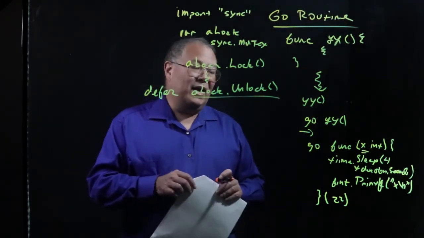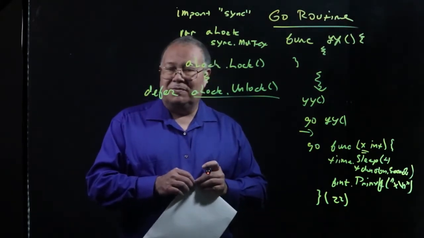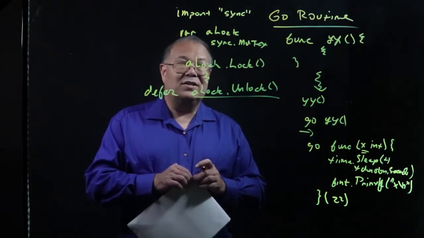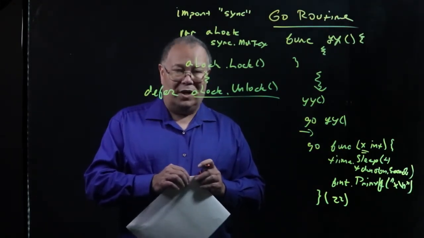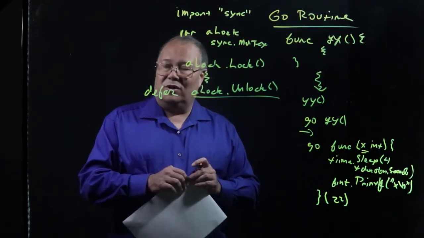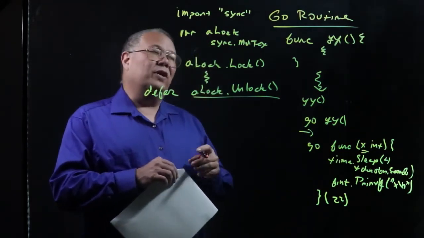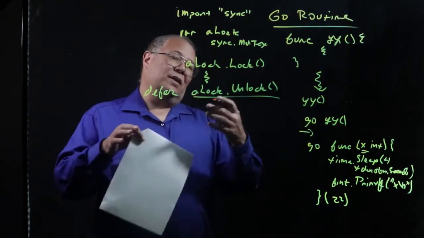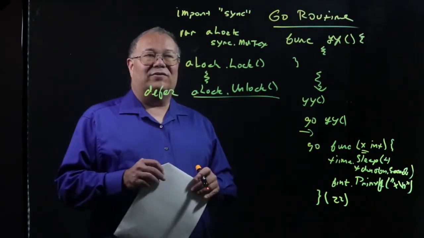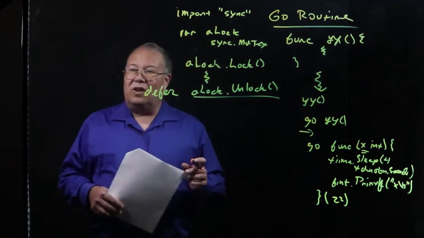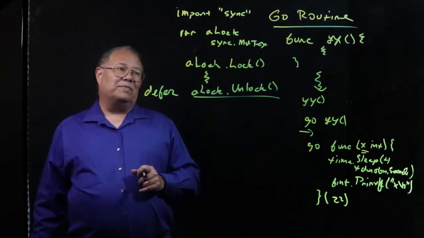Defer happens on exit of functions, and consequently, it isn't always what you wanted. Sometimes you're not going to want to defer. You're going to want to break this down and put your unlocks at every location for various reasons. But that's the basic low level of locks and unlocks in this language.